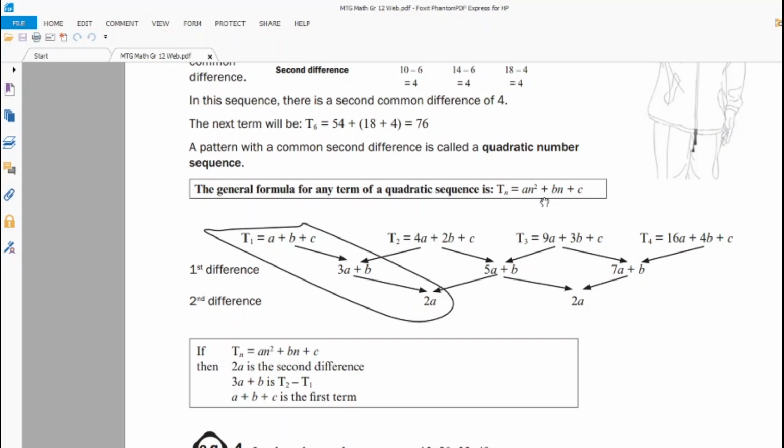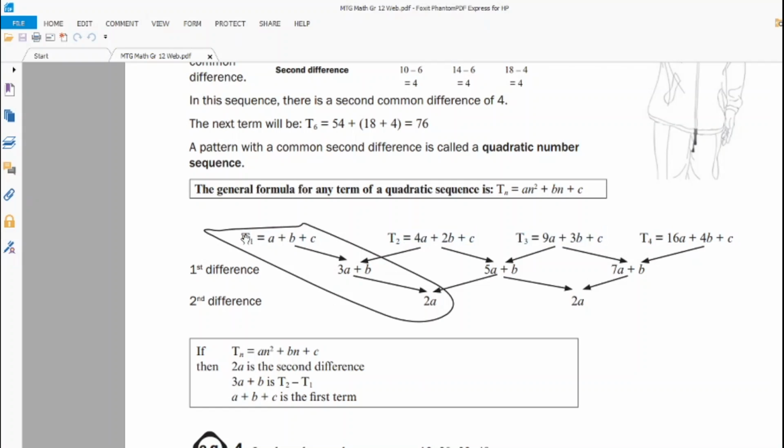If we substitute 2 wherever you see n in this formula, you will find that term number 2 of a quadratic sequence is 4a plus 2b plus c. And if we substitute 3, term number 3 is 9a plus 3b plus c. And if we substitute 4, term 4 is 16a plus 4b plus c, and so on.